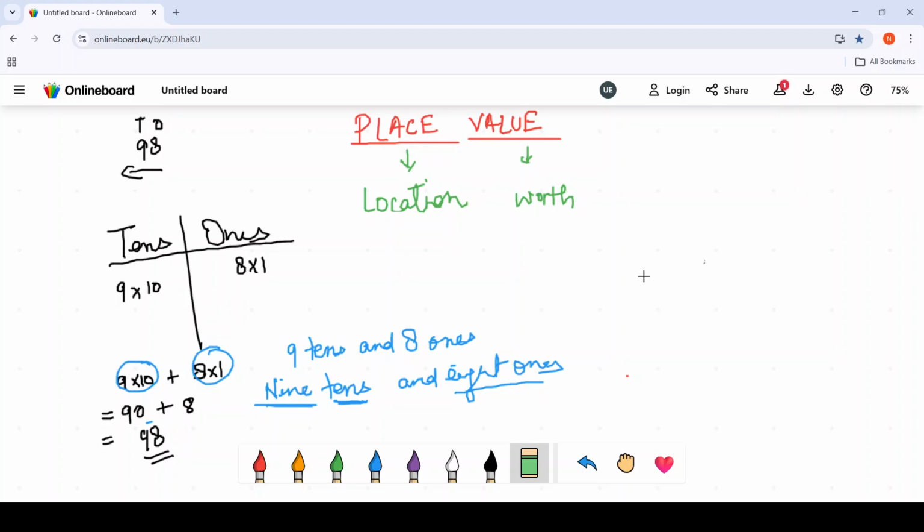Now we'll practice it with a different number but with the same digits. Same digits means the digits will be 8 and 9 only. What we'll do is interchange their places. Now 9 is at ones place and 8 is at tens place. Let's make the table again.